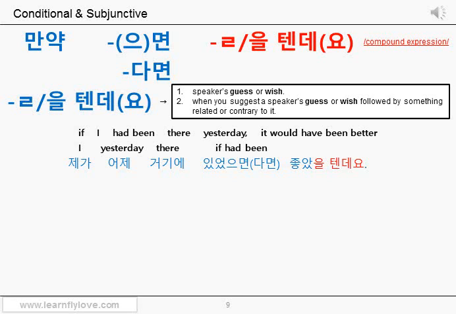It means it would have been good. The original English sentence was it would have been better. But in Korean, you don't need to use comparative here. You can just say good. That's enough.